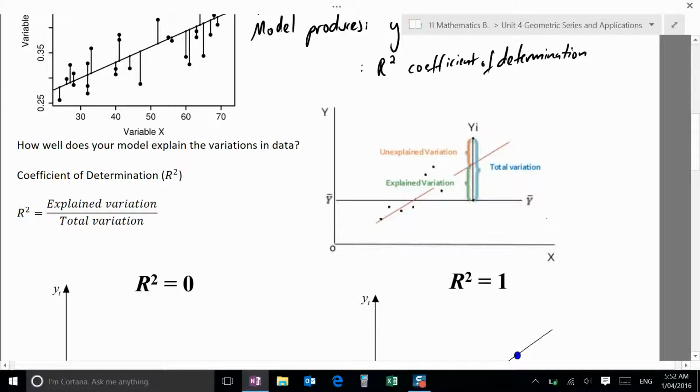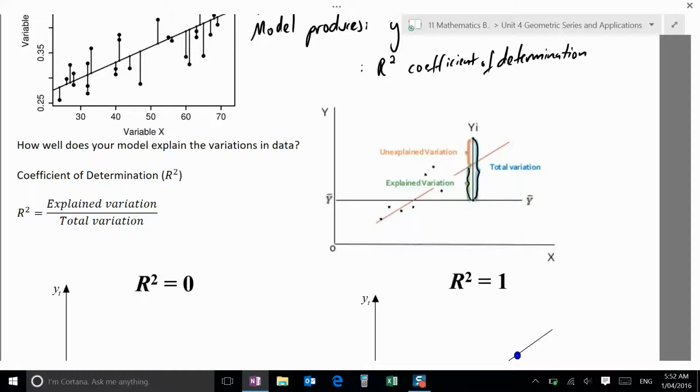What it really does is, from that useless average model, we see that there is some variation, this total variation. And with our model, with our red line, we've been able to explain that much of the variation.